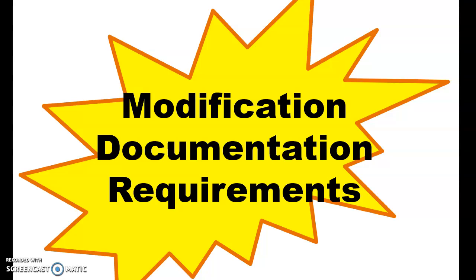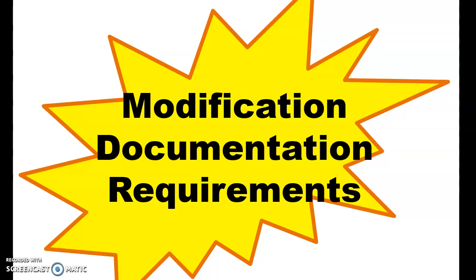In talking about our programming practice activities and the application activities, each question of the programming practice specifies what type of modification documentation must be submitted to demonstrate that you've completed the task of that question. So each question has its own modification documentation requirements, okay?